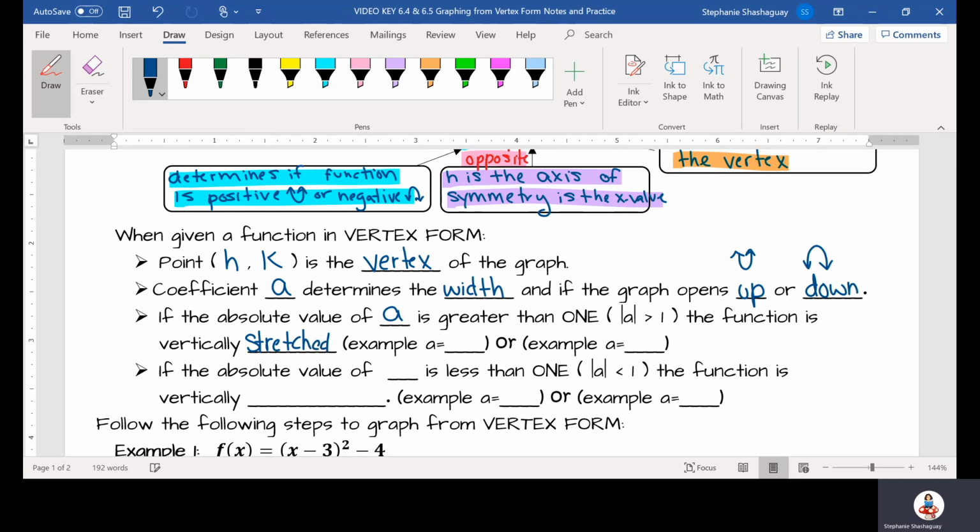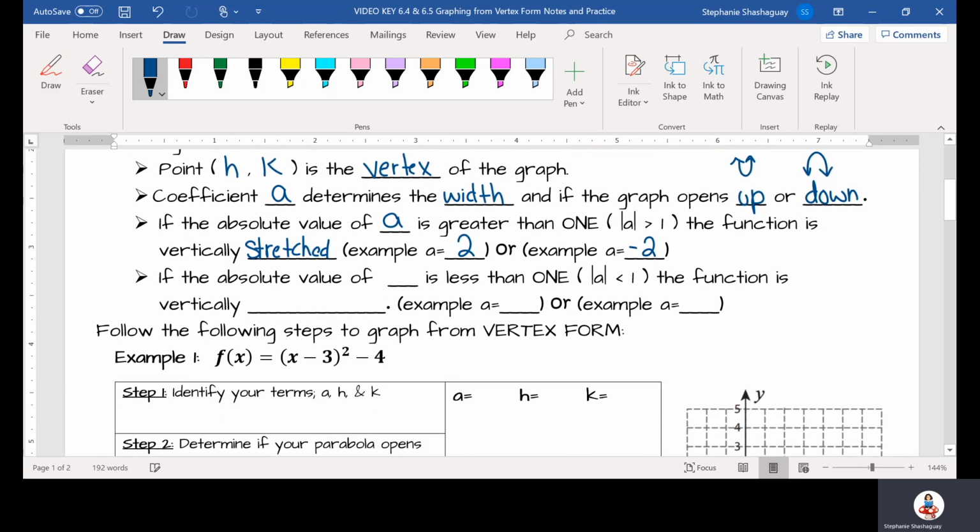Example, if a was 2, or if a is negative 2, because the absolute value of both terms would be equal to 2, which is greater than 1, then that parabola is going to be stretched out. Now, if the absolute value of a is less than 1, the function is vertically compressed. An example of that would be if a was equal to 1/2, or if a was equal to negative 1/2.